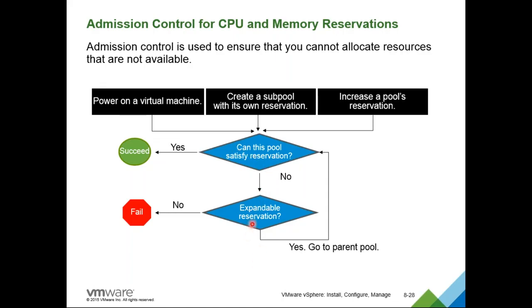Okay, when the resource pool's expandable reservation is yes, and a virtual machine is powered on, if sufficient reservation resource is not available, then it goes to your parent pool.